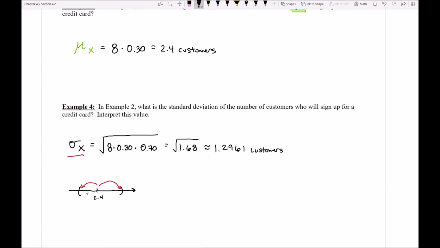And so it's pretty typical to have a number of customers that sign up for cards be somewhere within this range.